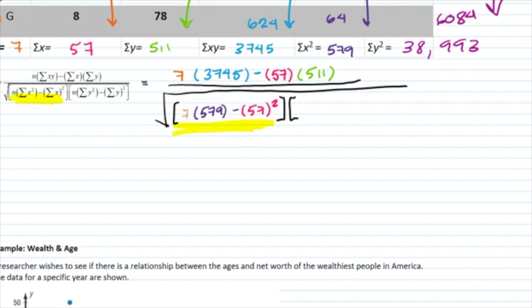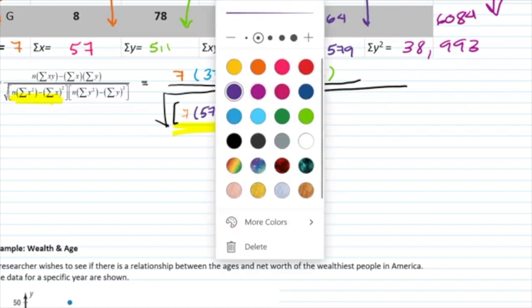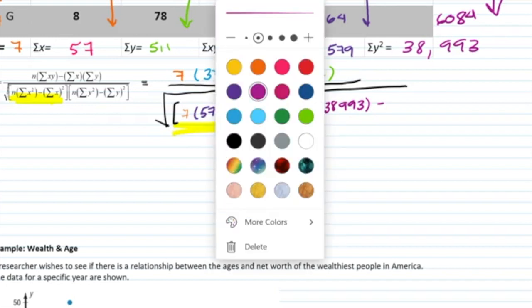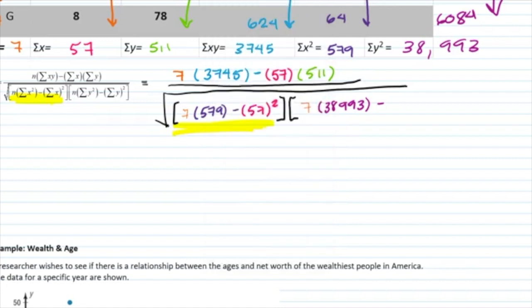So this yellow part is just this bracket, basically. I need the number of pairs again. 7. The sum of the y's squared, which is the giant number, 38,993, minus the sum of the y's, and that sum of y's, which is over here, 511, I am going to square.